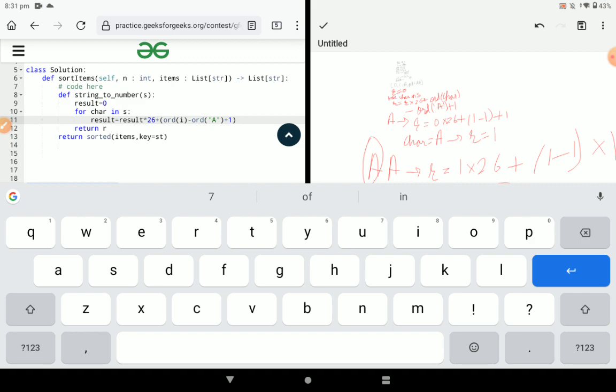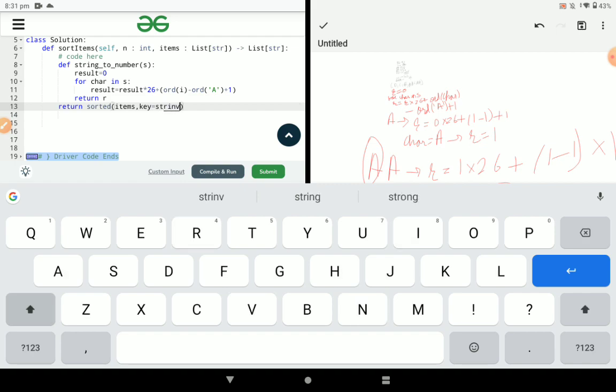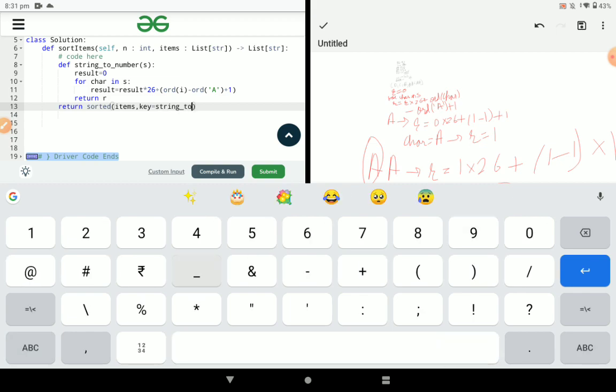Basically ord gives us the value. Then we will return sorted items with key string to number.